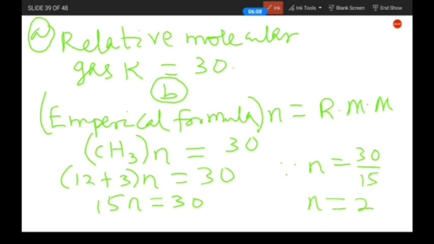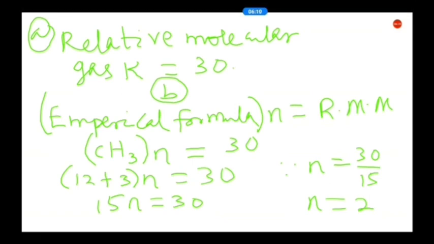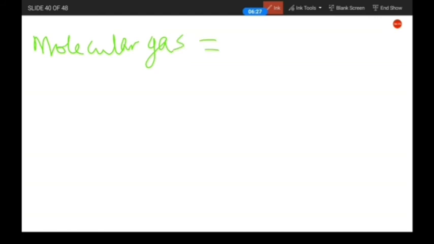Now, having known n, we can actually get the answer to question B. It says we should calculate the molecular formula. So the molecular formula is now going to be what? Remember, we got CH3 times n, and n is now 2.